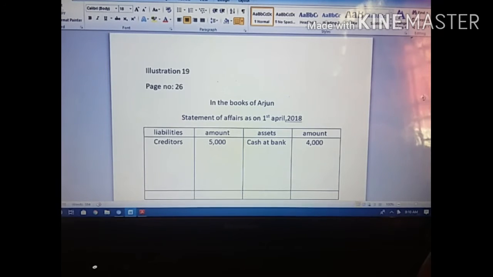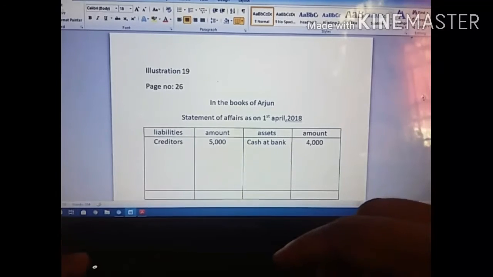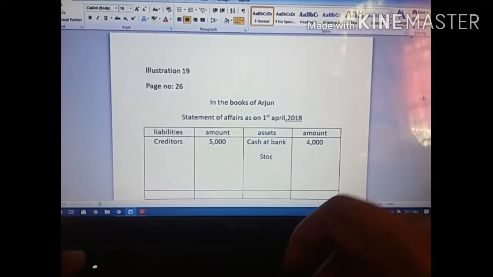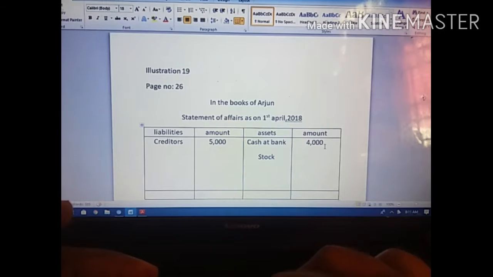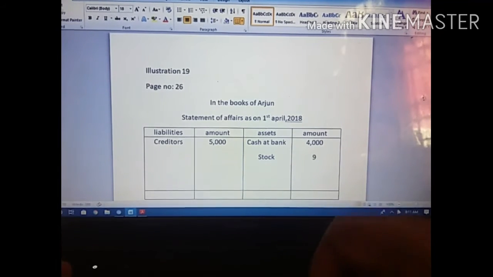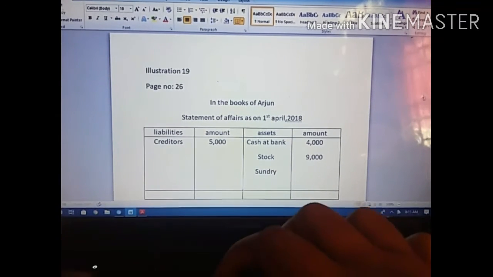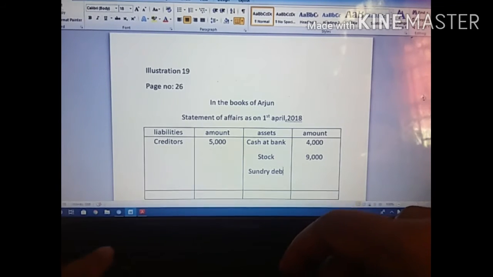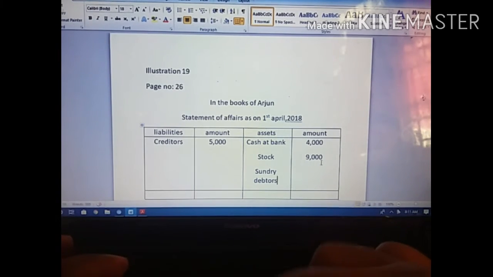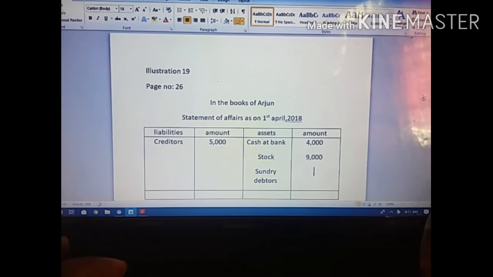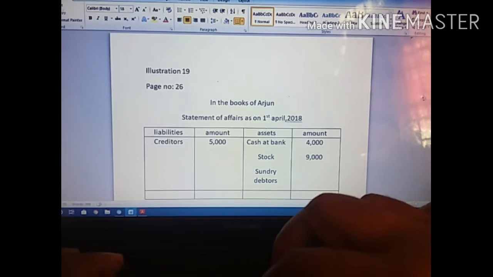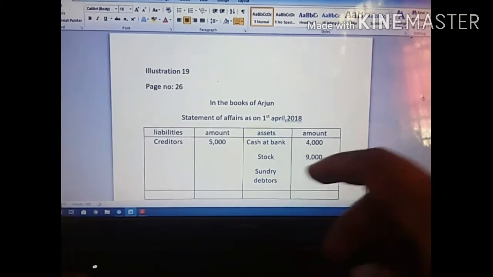So whenever you are watching this video, you must take your book and go through illustration 19. Then stock is also given. So stock 9,000. I have to put 9,000. Then sundry debtor, they have 2,000.